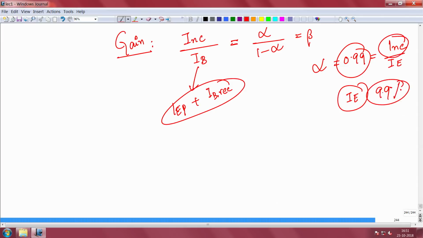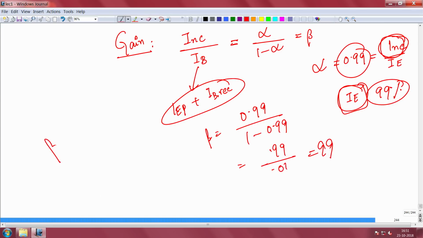Okay. If this alpha is 0.99, then beta will be 0.99 divided by 1 minus 0.99. This will be 0.99 divided by 0.01, which is 99. So, the gain of the device will be 99, which is the output current divided by the base current.